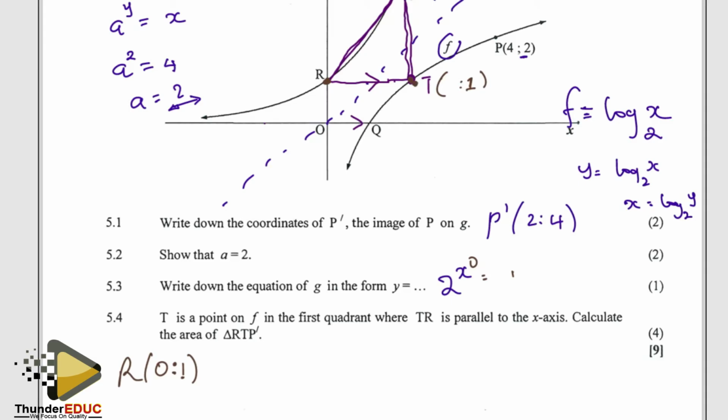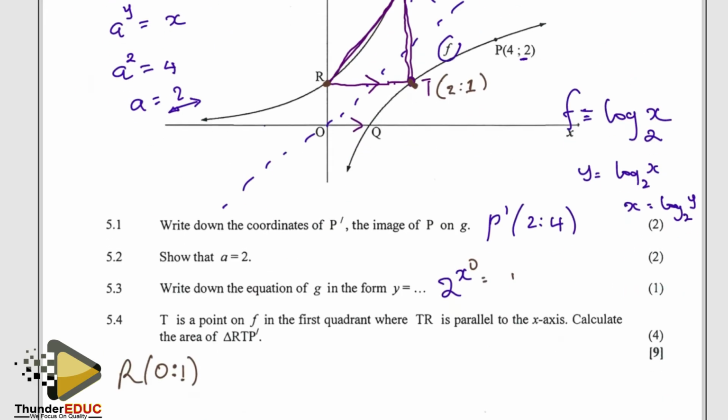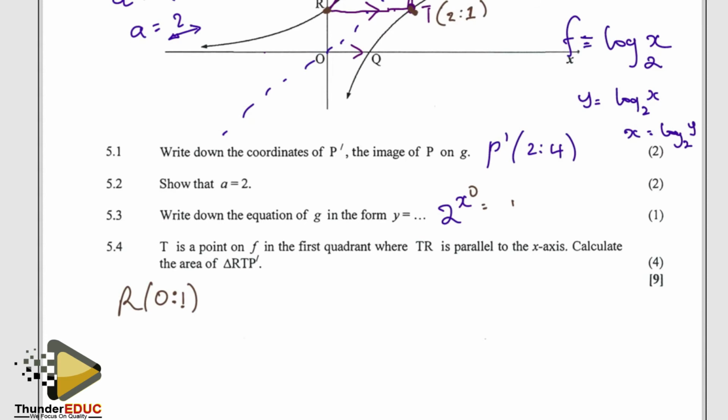So if I use the equation of f to find what x is, 1 is equal to log of x base 2. What's going to be x there? If I change this to exponential, it's going to be 2 to the 1 is equal to x, which means x is going to be 2 there.